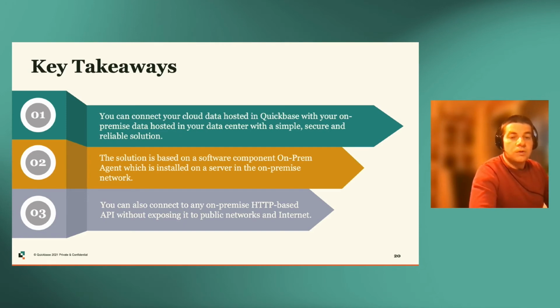The third thing is that this on-premise agent allows you not only connectivity to on-premise ODBC databases, but also connectivity to any HTTP-based service which is reachable over the local intranet.